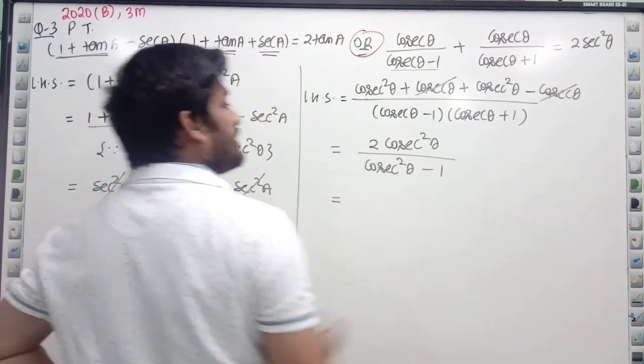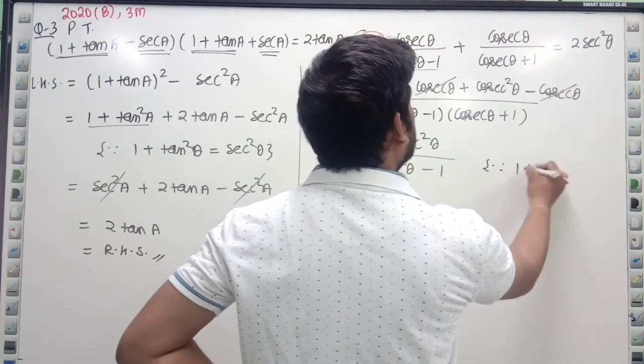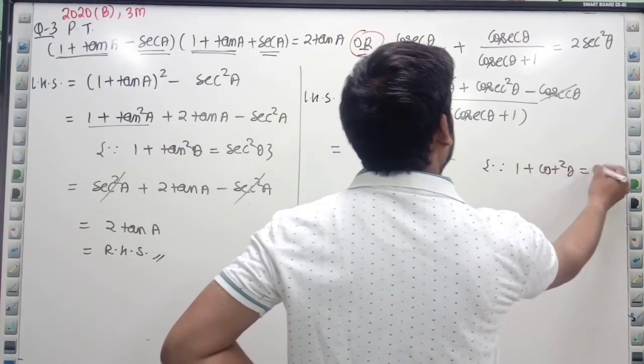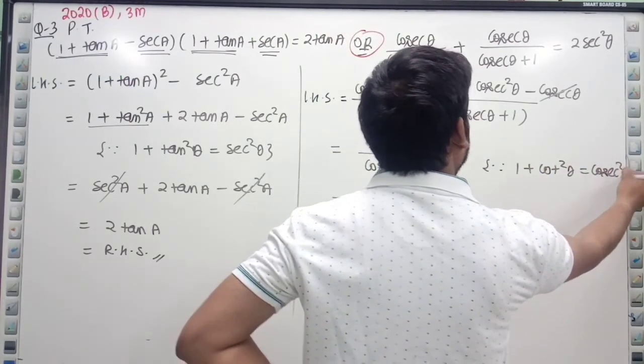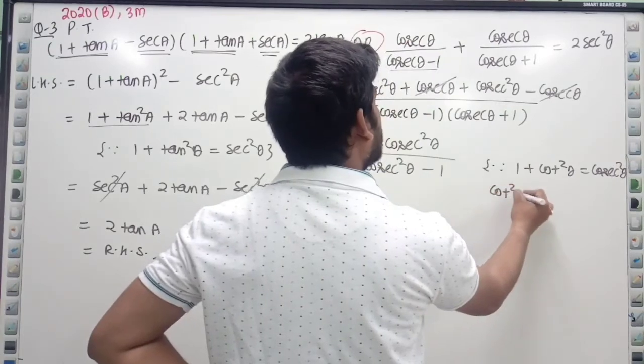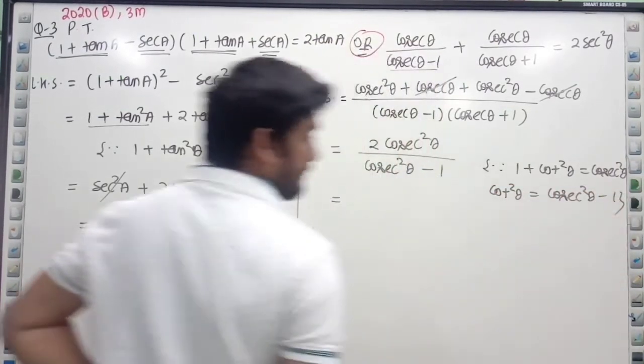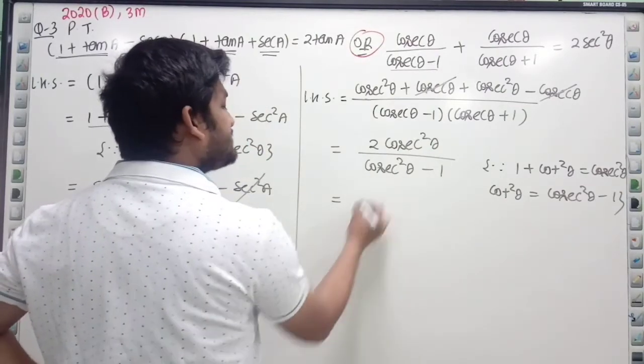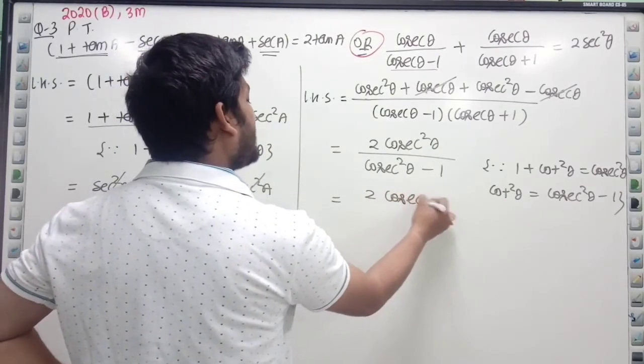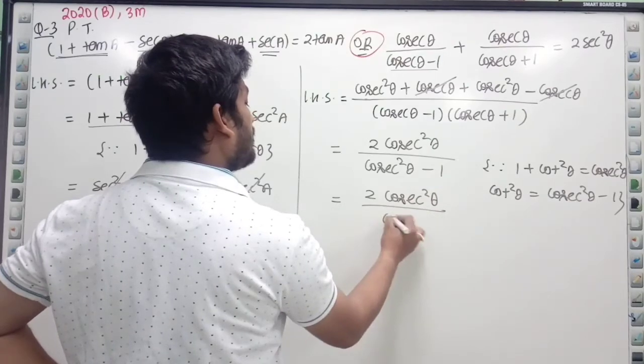What is cosec square minus 1? As we know, 1 plus cot square equal to cosec square. So I can write cot square theta equal to cosec square theta minus 1. So cosec square theta minus 1, what can I write it as? I can write it as cot square theta.